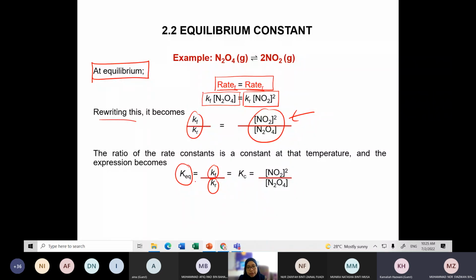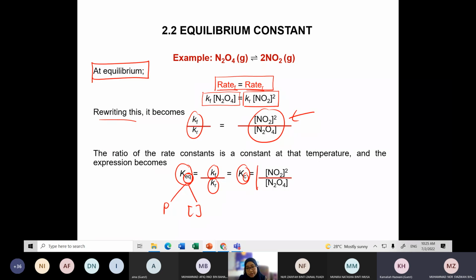EQ means equilibrium. Equilibrium can be measured in terms of pressure and it can also be measured in terms of concentration. So when we specify Kc, that means we are measuring in terms of concentration.